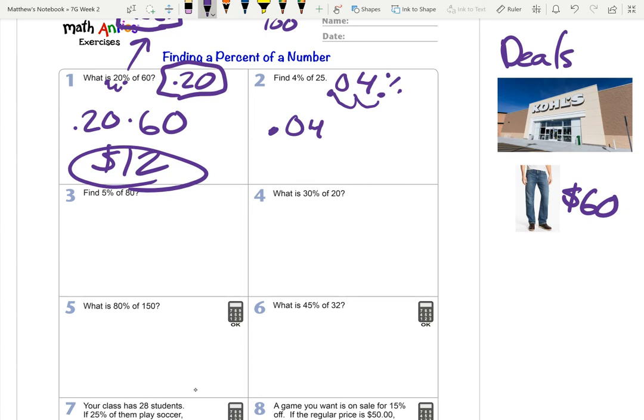We had to move it 2 spots, so we had to throw in that 0 in front of the 4. So it's 0.04, and we're going to multiply it by, in this case, 25. So I'm going to grab my calculator here, which you guys can't see. And real quick, you guys do have permission to use your calculators, all right? 0.04 times 25 equals 1. So in this case, it'd be 1.